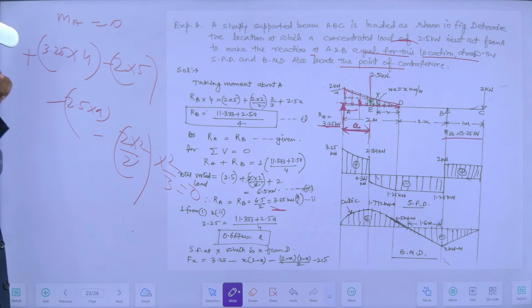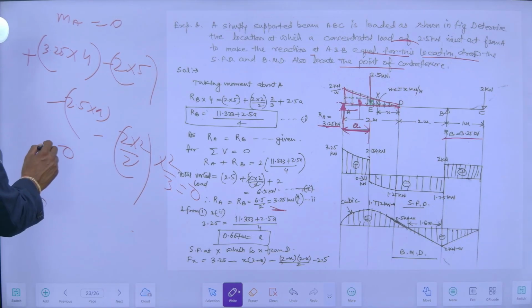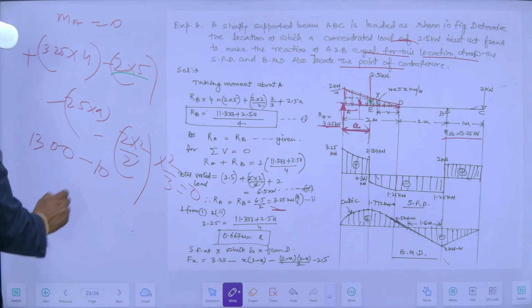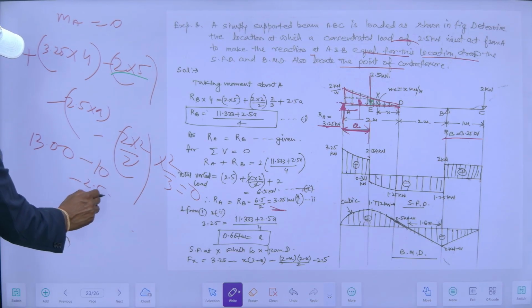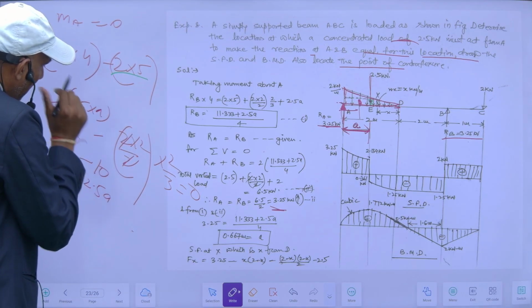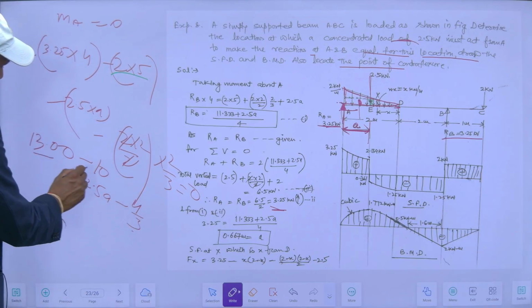So this is equal to 13 minus 10 minus 2.5 A, this will be equal to 4 by 3. It means this is 3.